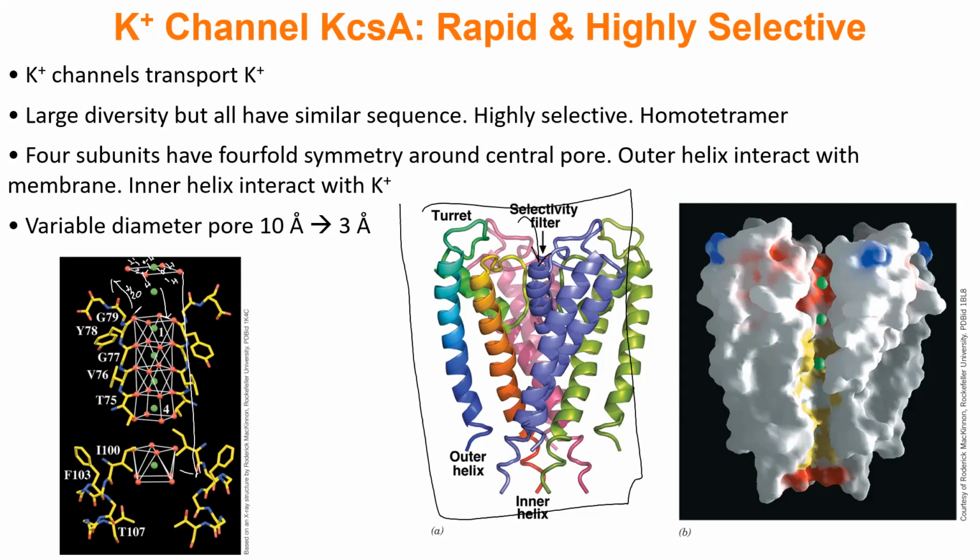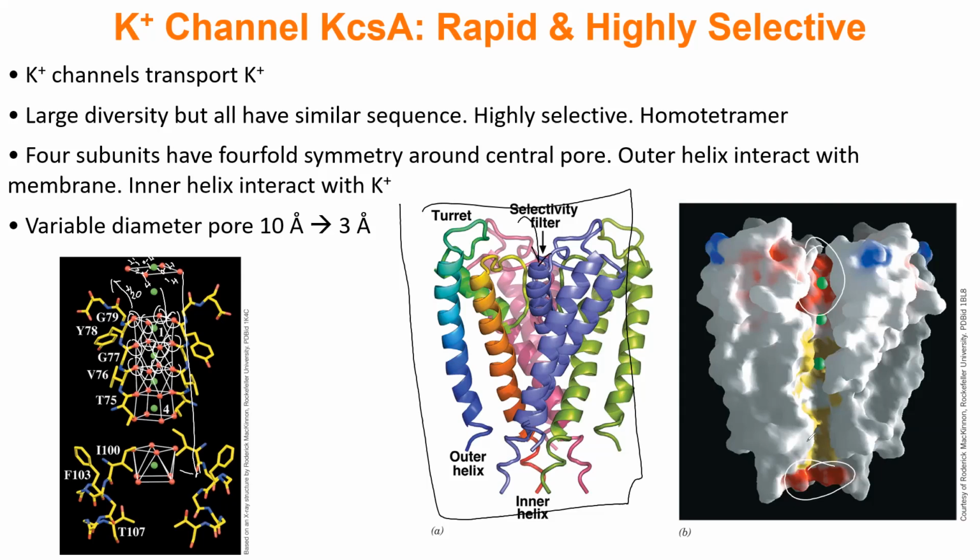And as you can see on this image, these red things, they are oxygen molecules, right? And so this pore is just covered in negative charge, which is shown right here as well. So we have negative charge at the top and at the bottom of our pore.